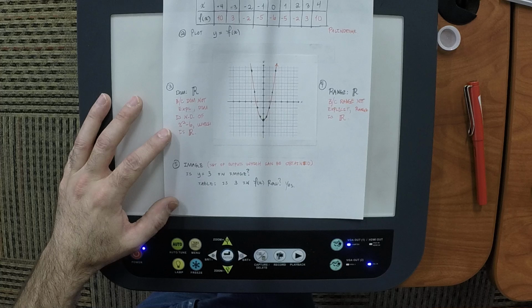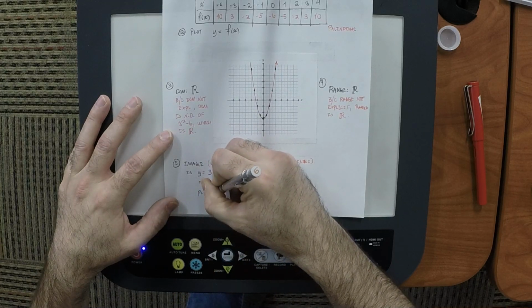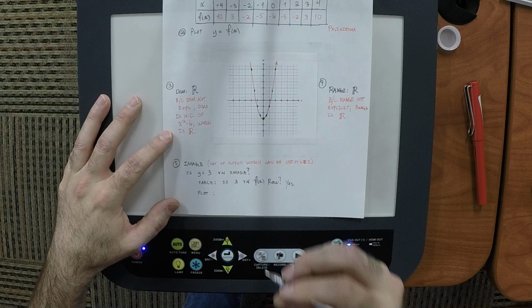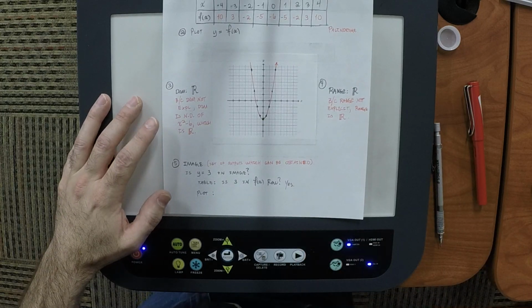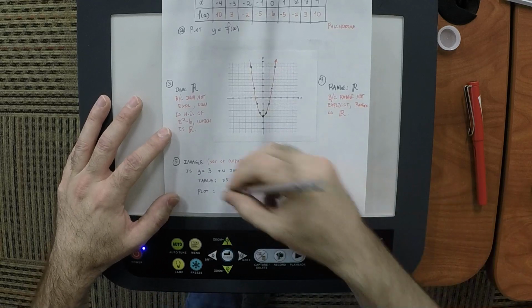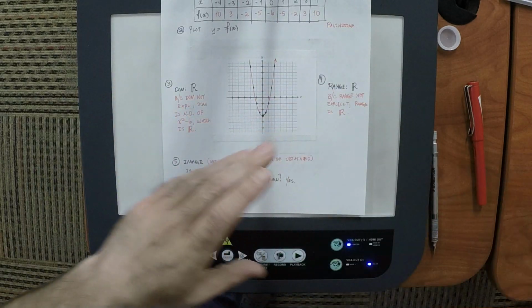Now suppose that we don't have the table, or we obscure the table. From the plot, you could ask the following. Let's draw the line y equal 3. So here's the line y equal 3.